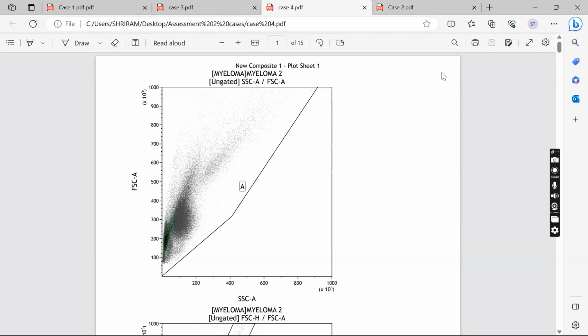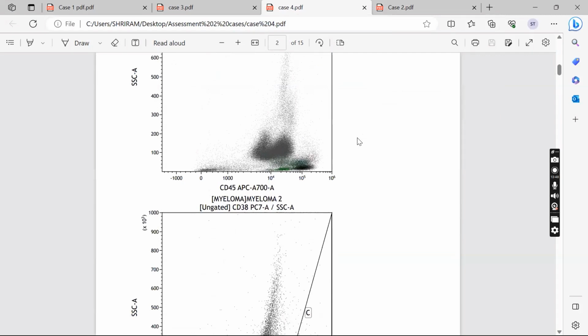Of course, 38 slightly low can again be taken, but it is a bit deceptive. Some people may not agree with that. And here you find 45 is downregulated. One tube was not showing that, I don't know, but still here you find 45 is downregulated, which adds a 5th MAIP. And 117 is expressed in the abnormal plasma cell population, so there are 6 MAIPs.